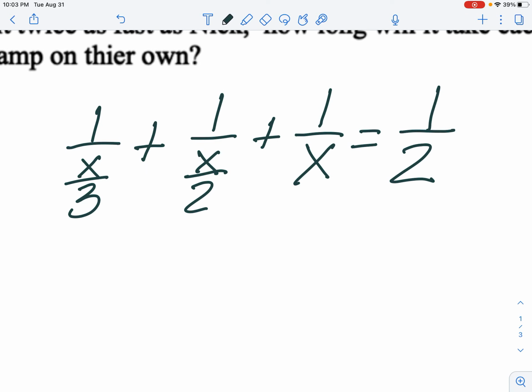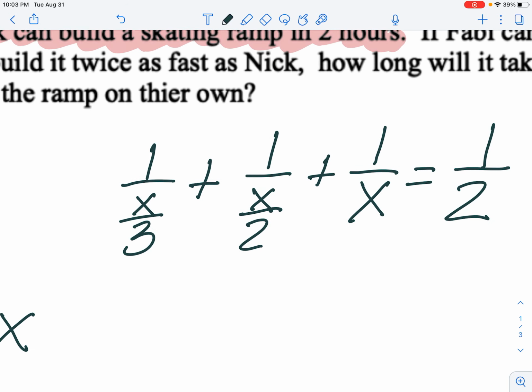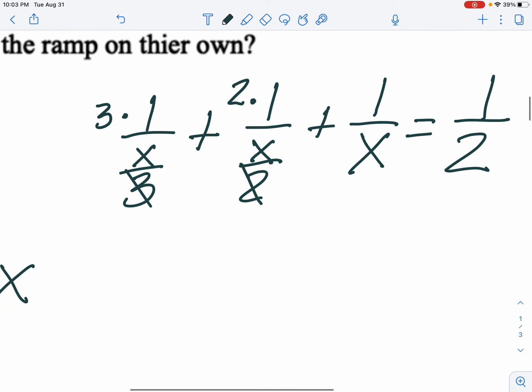Look at that. Now, what's bugging me here, kiddos, is these darn fractions. Let's get rid of them. The opposite of dividing by 3 is multiplying by 3. So if I cross out the divide by 3 here, then I'm going to multiply by 3 there. Same thing here. If I'm dividing by 2, then I'm going to multiply by 2 right there.